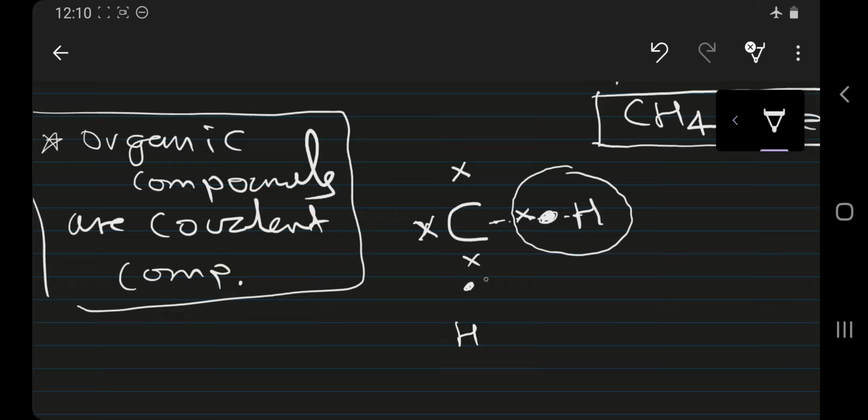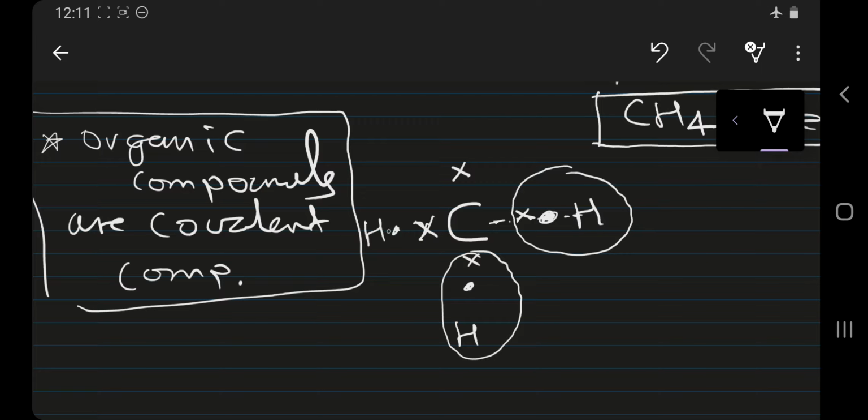Only to make a different appearance, these electrons are shown as cross and dot. The cross electron represents carbon and the dot electron represents hydrogen, but there is no difference in structure or properties of the electron. The electron will still be the same.